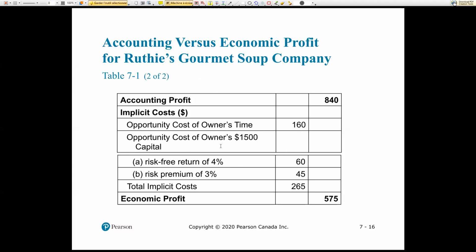Usually, if you're a small owner, you just use your own money to start your business. So then the total implicit cost would be 265. So the total economic profit would take your accounting profit and subtract the implicit cost, and you get your economic profit, which would still be positive. So that would be very good.